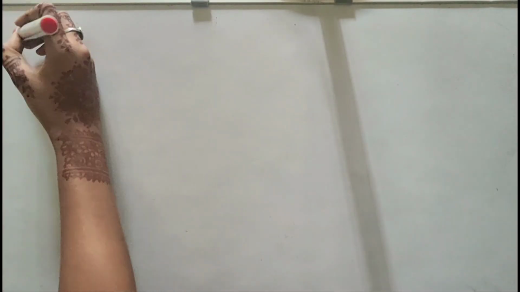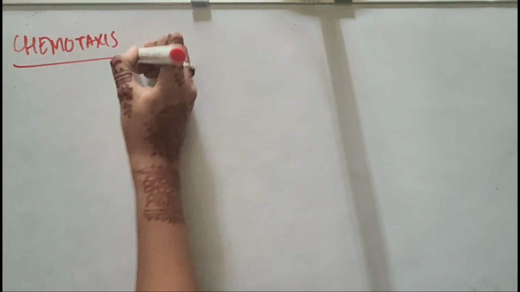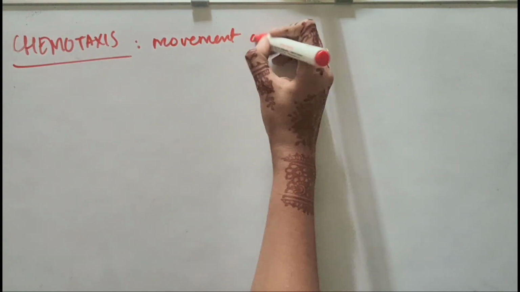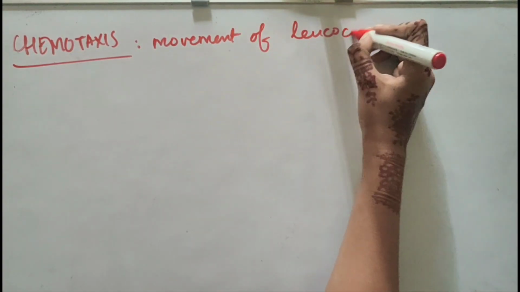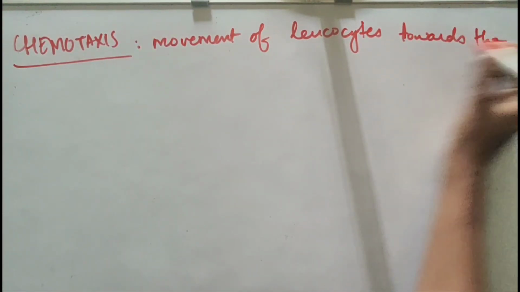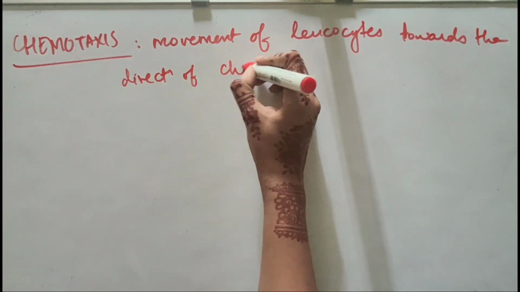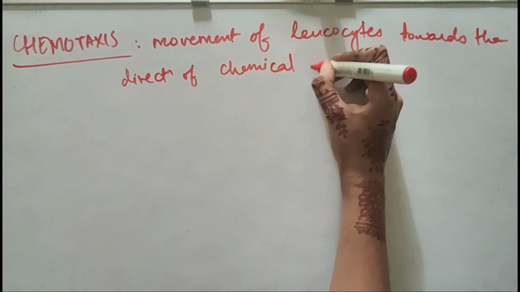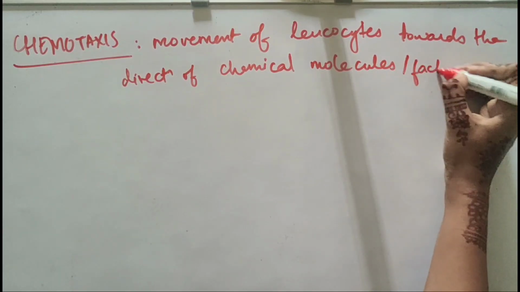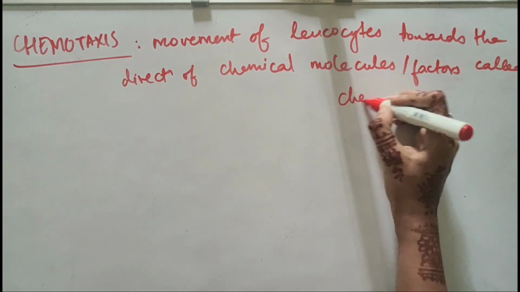Now next we have chemotaxis. What is chemotaxis? It is the movement of leukocytes towards the direction of chemical molecules or factors which are called chemoattractants.